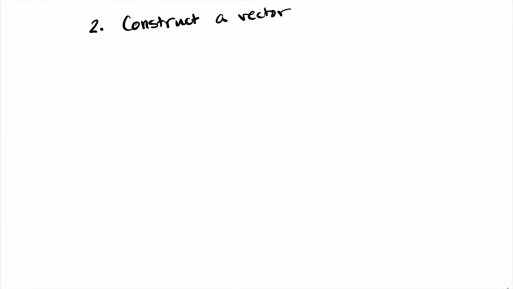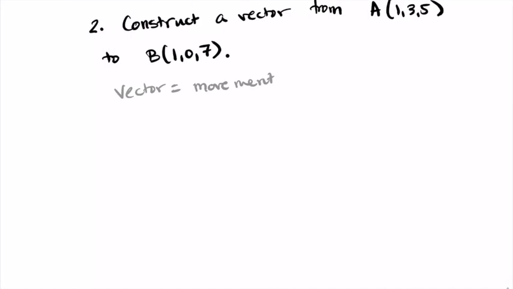Construct a vector from A, which is 1, 3, and 5, to B, which is 1, 0, and 7. Remember that a vector is movement. So we want to ask ourselves, what was the change for each dimension? How much did I change in the x direction? I didn't change at all, because I went from 1 to 1, so I didn't go anywhere.